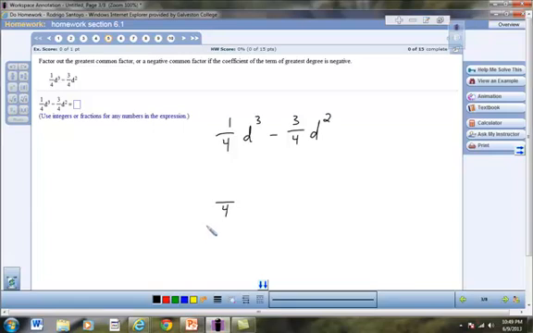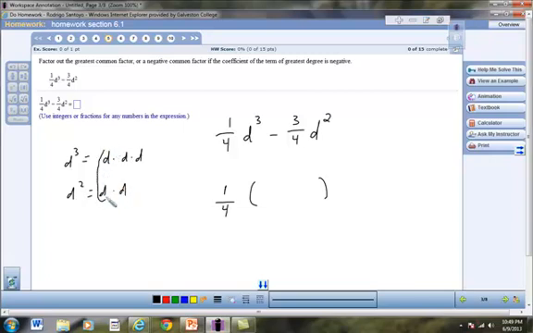So you're going to say, definitely you're going to have a fraction. Your denominator will be 4. And then let's just look at the numerators. That's a prime number, that's a prime, so it'll only be 1. And now here you have d to the third and d to the second. And if we just look at that, that's d times d times d. That's d to the third. D to the second is d times d.